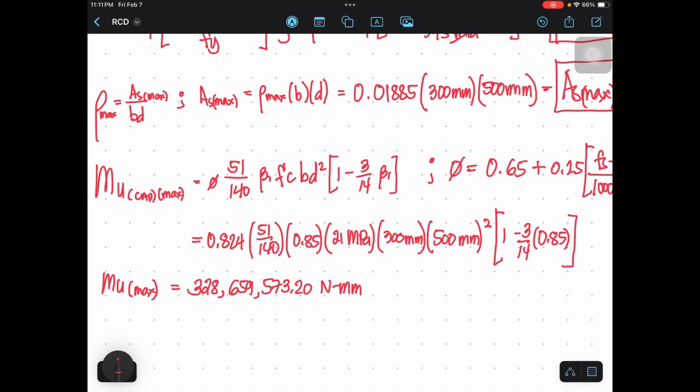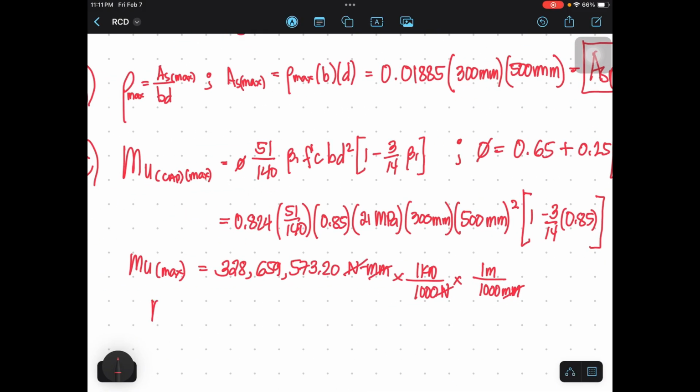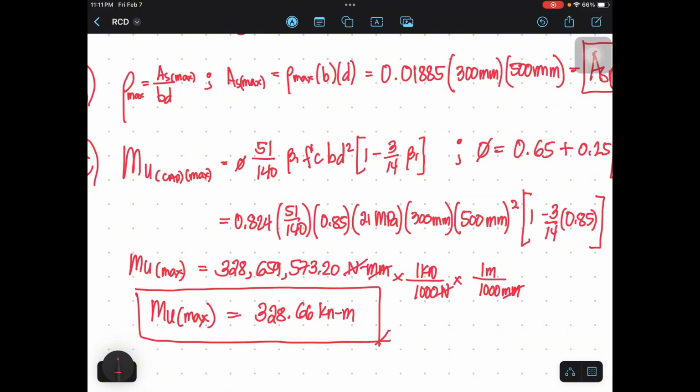However, if we convert it to kilonewton meter, in every 1 kilonewton we have 1,000 Newton, and in every 1 meter we have 1,000 millimeter, so they cancel. So our ultimate moment capacity under maximum condition is 328.66 kilonewton meter. So this is the answer.